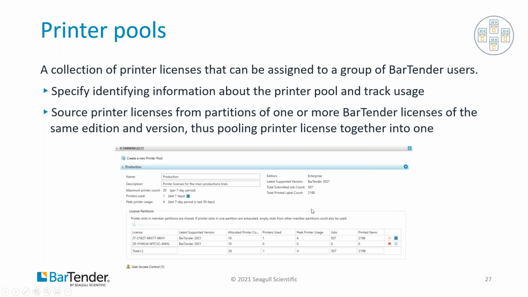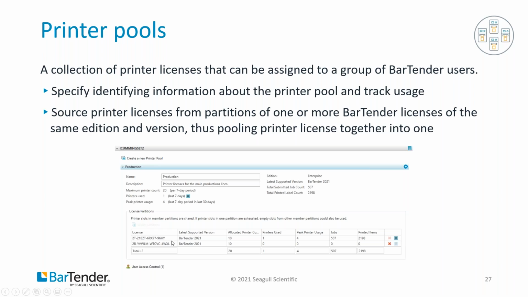So if we look at the screenshot here, for this printer pool called production, which is for my printers in the production lines, we're actually sourcing 10 printers from 2 separate licenses. Both of these licenses are for BarTender 2021, and they both happen to be enterprise editions.